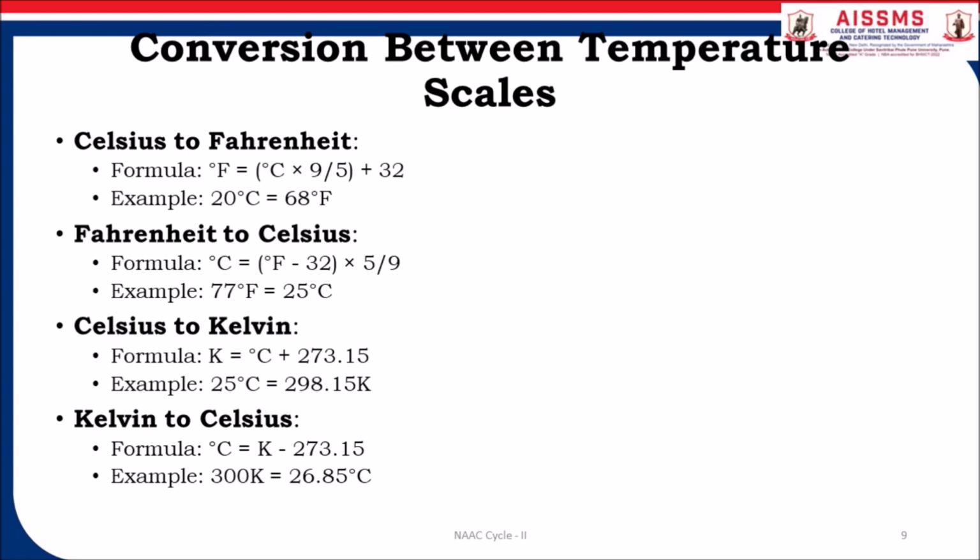So if we have 77 degrees Fahrenheit, what would it be in Celsius? To convert Fahrenheit to Celsius, we subtract 32 from the Fahrenheit temperature and then multiply by the fraction 5 upon 9. Let's understand how it is done. In the context of converting temperatures between Fahrenheit and Celsius scales, the number 32 represents the freezing point of water in Fahrenheit.